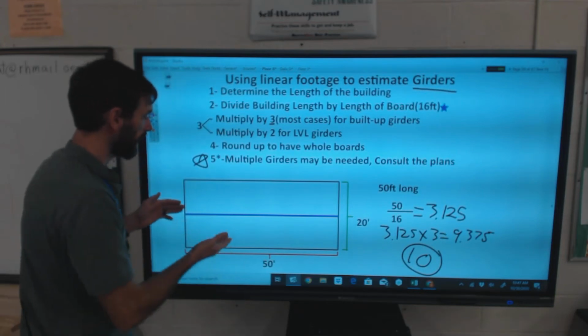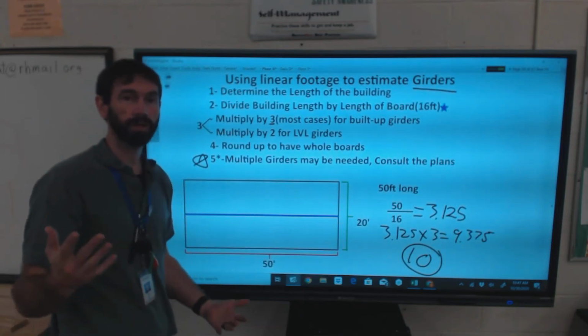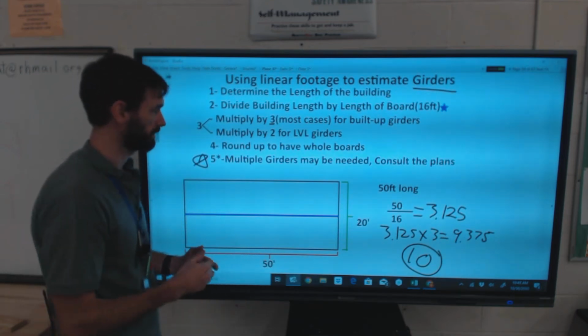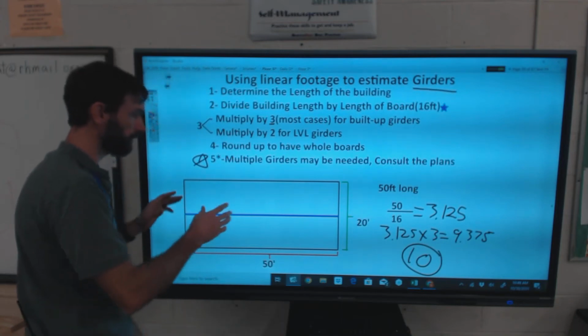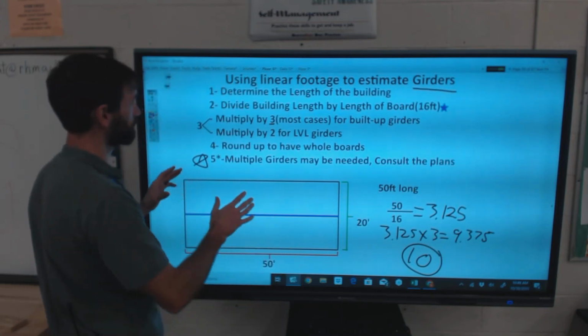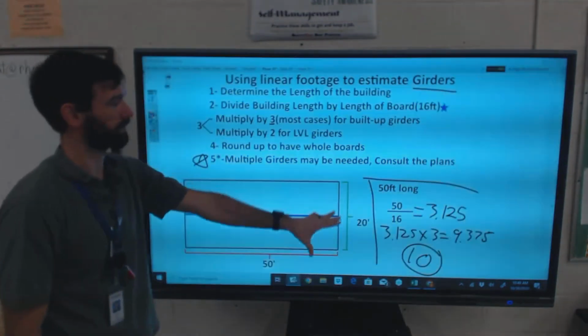Consult your plan. If you know you need 3 girders, order 30 boards. If you need 5 girders, order 50, so you have plenty of what you need. That's all I want you to copy down.